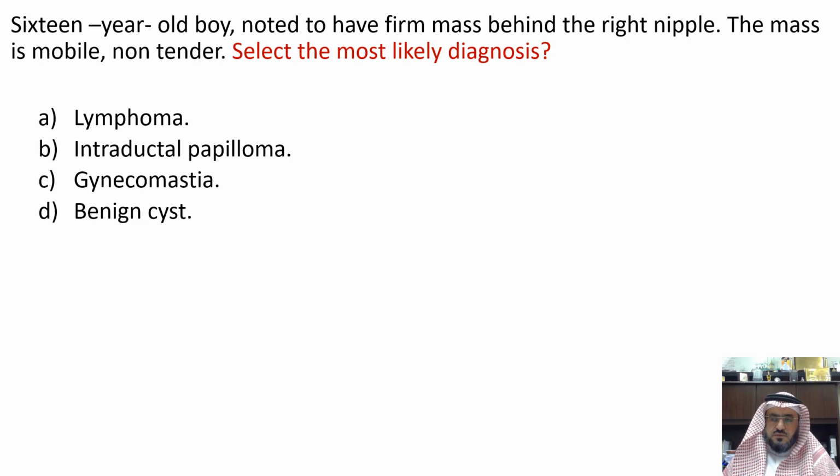So always be careful not to further investigate any child like this. I have seen some cases referred to me for second opinion because the doctor decided to take a biopsy from this mass. No, this mass is during puberty, during breast development. This is the classical description of breast tissue.